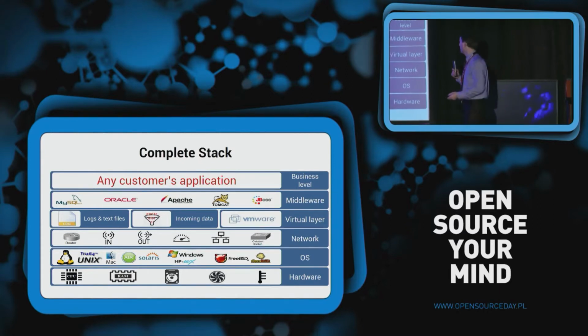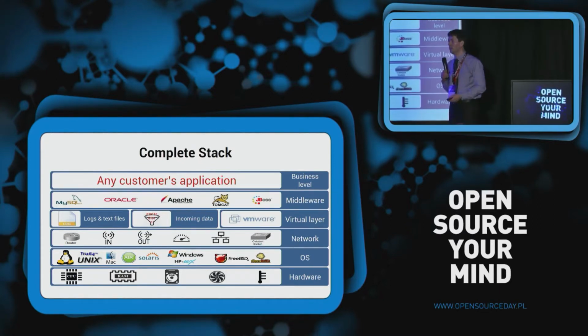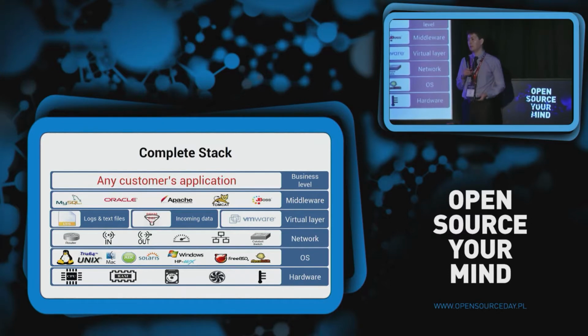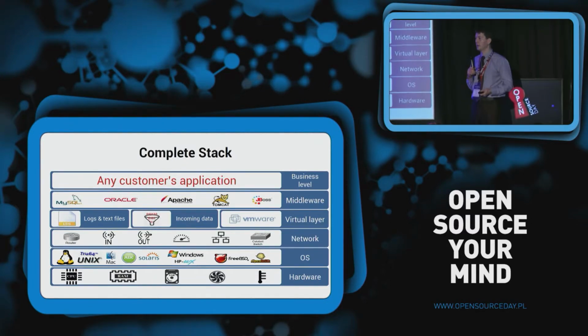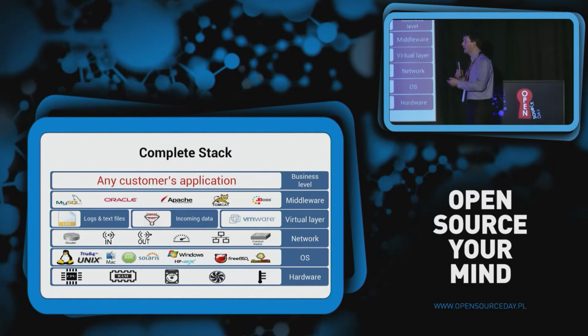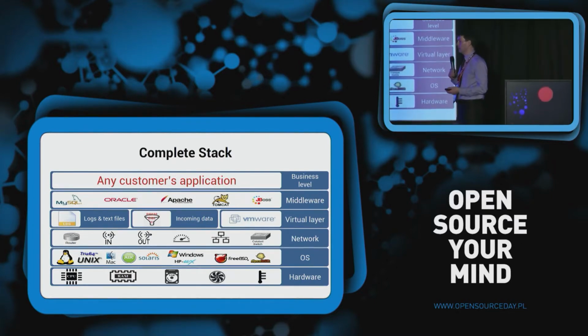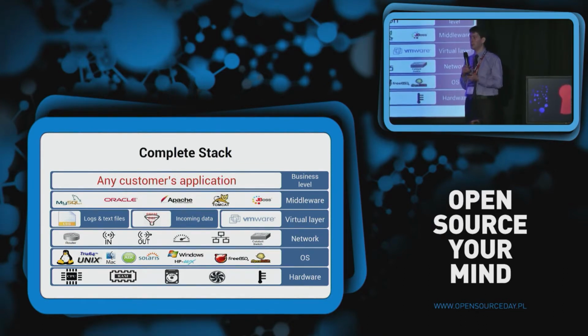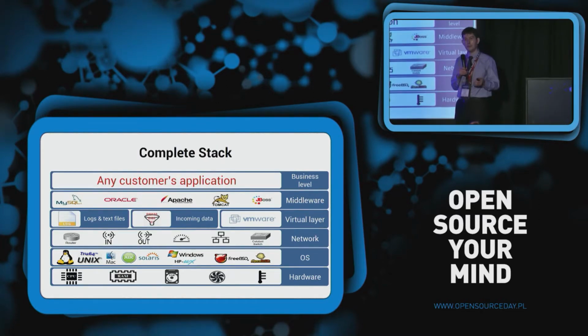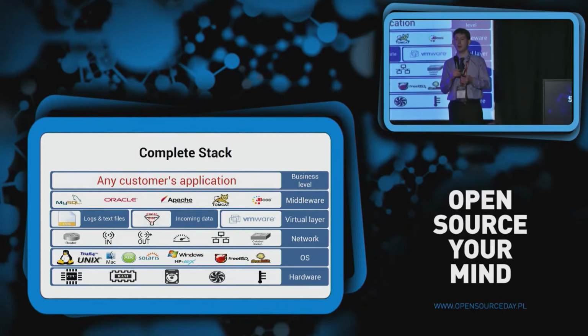Middleware and business level is mostly about Java applications. All applications running on a JVM can be monitored by Zabbix, and actually any custom application can be monitored by Zabbix. Of course, not everything is supported out of the box, but still, it's quite easy to integrate your application with Zabbix.